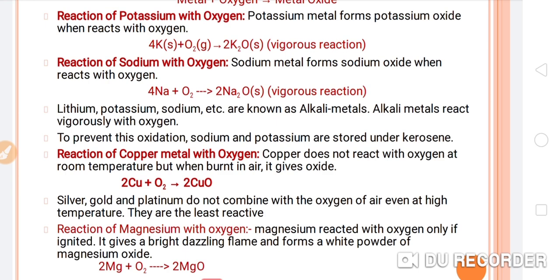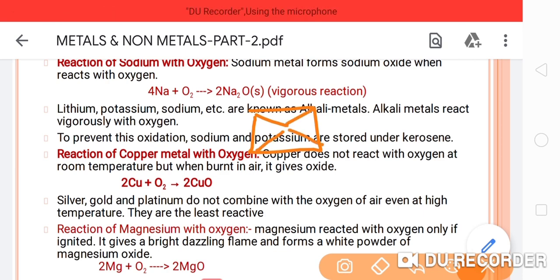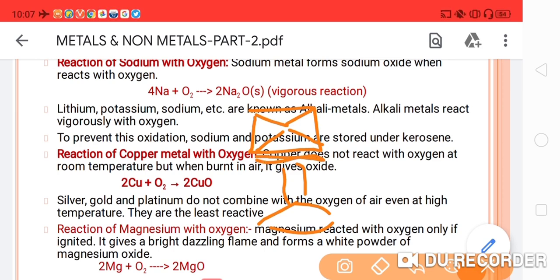But students, suppose there is an envelope of copper. If you burn it from the outside, when you expose it over the Bunsen burner, a black layer of cupric oxide will form on the outer surface of the copper envelope.